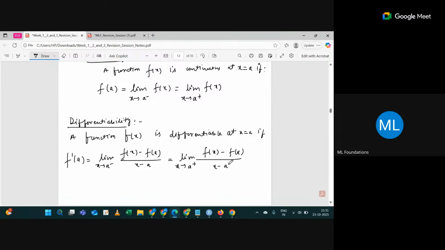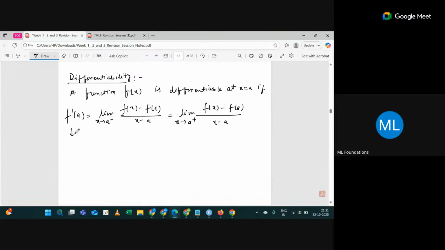So I'm not going into too much graph detail. What is the meaning of this f dash a? Basically, it's the slope of the tangent. Yes or no? Yes, sir. So I can say this is the slope of the tangent to the curve (x, f of x) at x equal to a. What does this limiting process do?